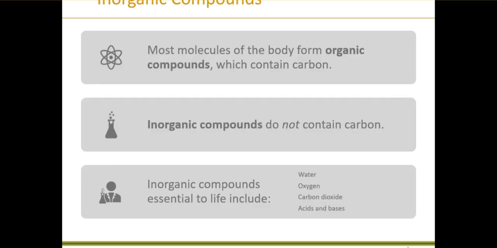Okay, now we're going on to different kinds of compounds. Okay, you have something that's called organic and inorganic. Okay, so if you look on page, let me find it.